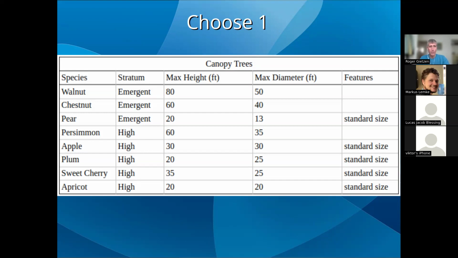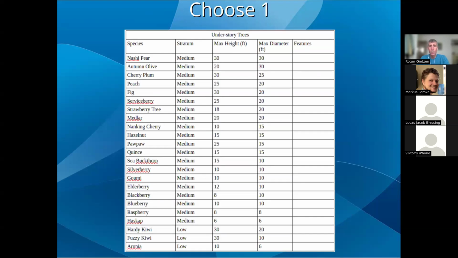But I came up with this graph, and as you can see, a lot of the fruit trees are between 20 to 35 feet wide. And then I have the shade-loving plants I came up with, which there's a lot of options. Did the same thing.